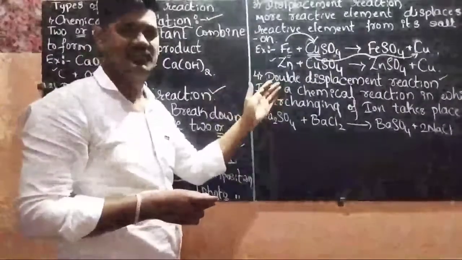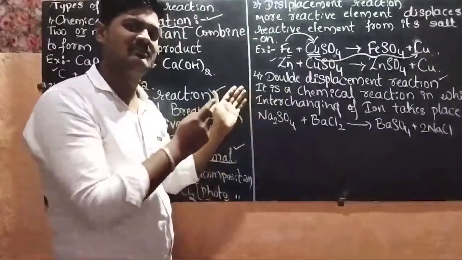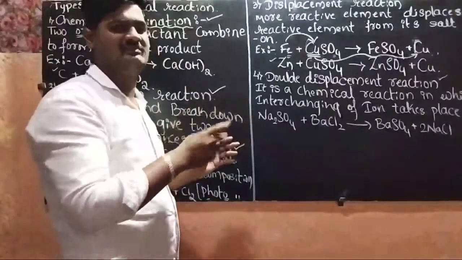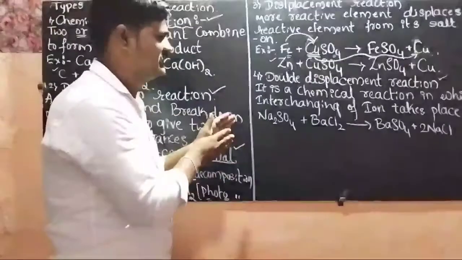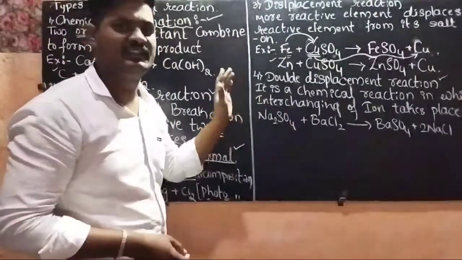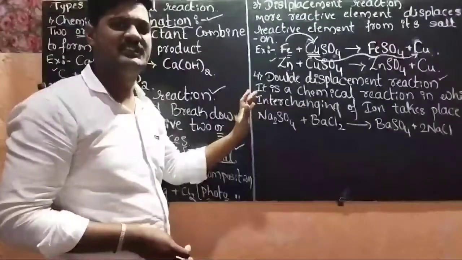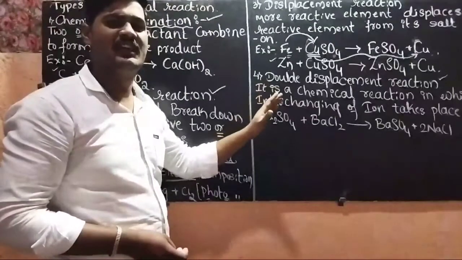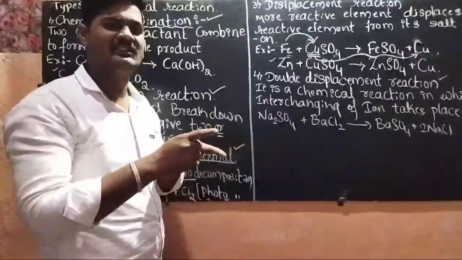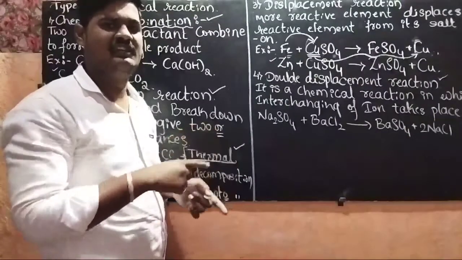We can understand this by taking the definition. It is a chemical reaction in which interchanging of ions takes place. Interchanging of ions means ions are changing their positions.